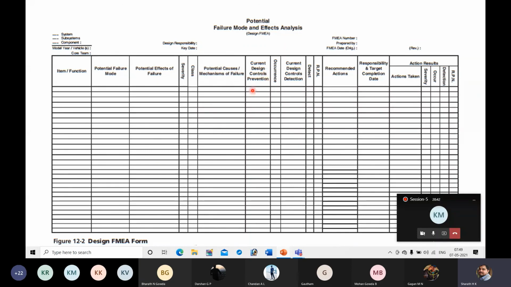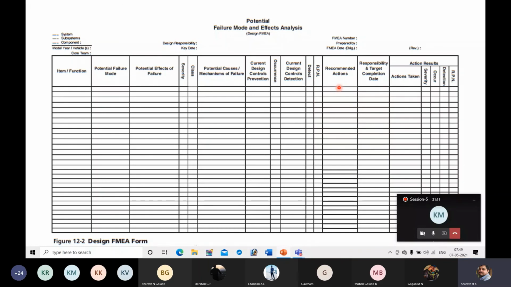Next, current design control prevention: how you are handling that. You may make modifications in the design, such as the design of the seal or design considerations related to avoiding leakage. Next, how frequently it will occur, that is occurrence. Current design control detection. Next, detection and RPN, which is the risk priority number.